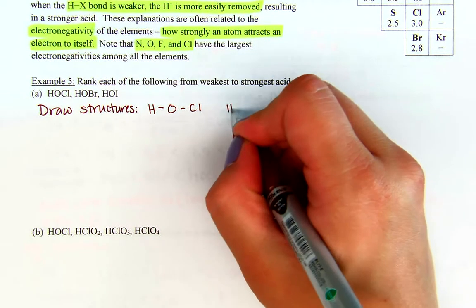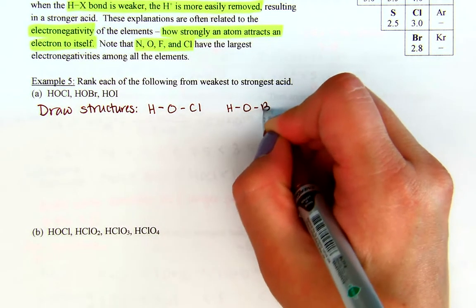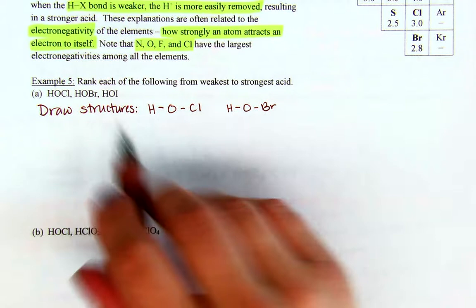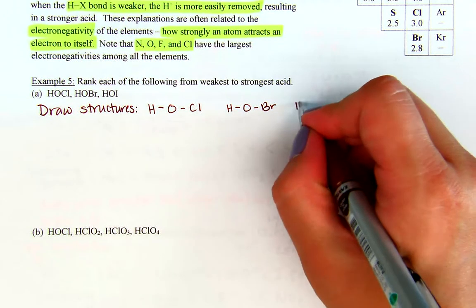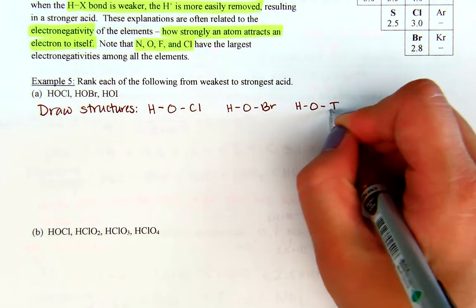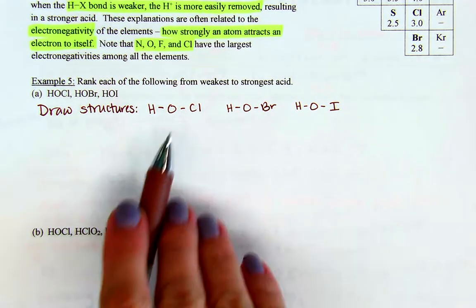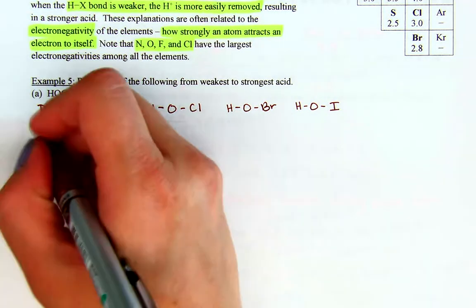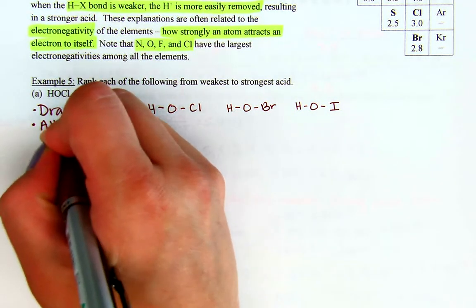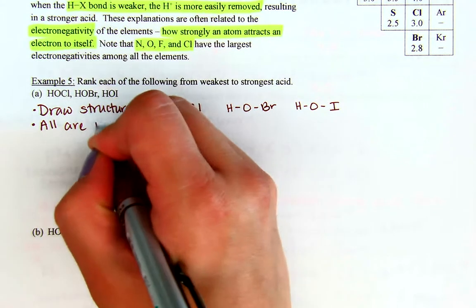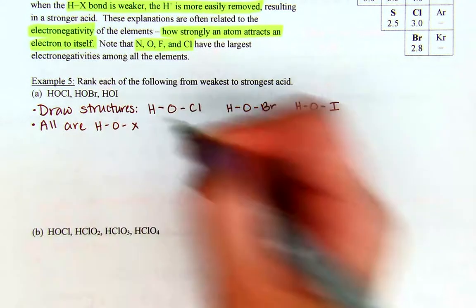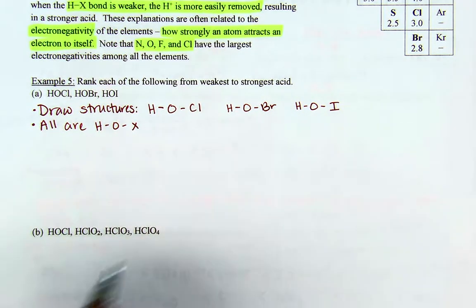And then we have HOBr, and then HOI. So these are 3 acids. All of them are in the form HOX, X being that negative element there.